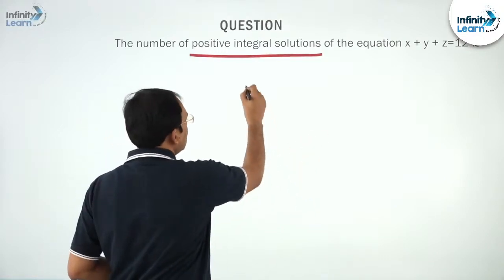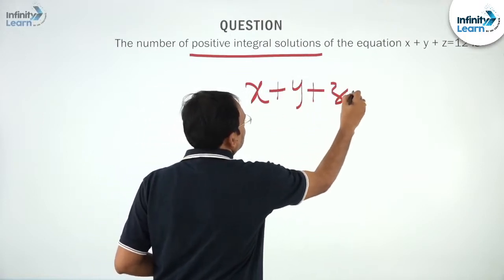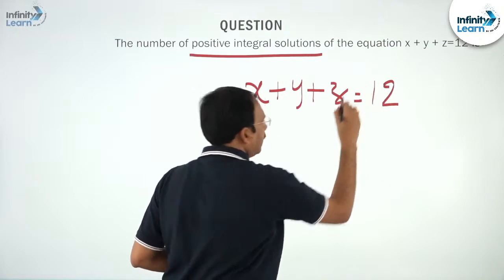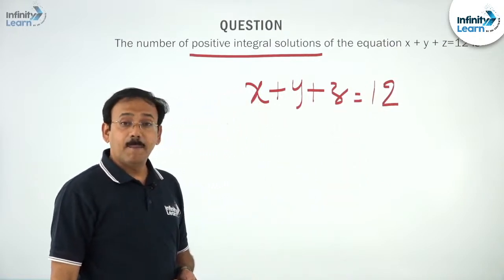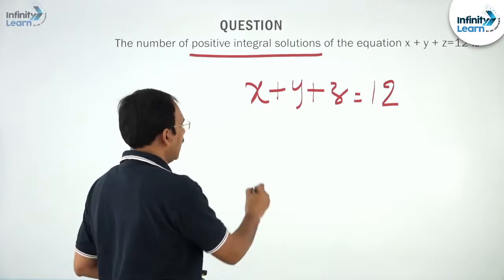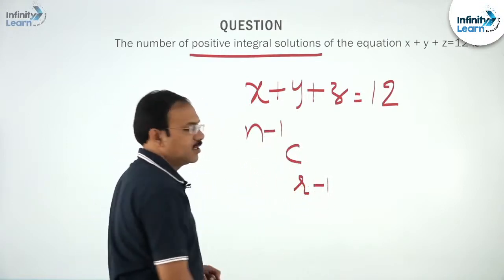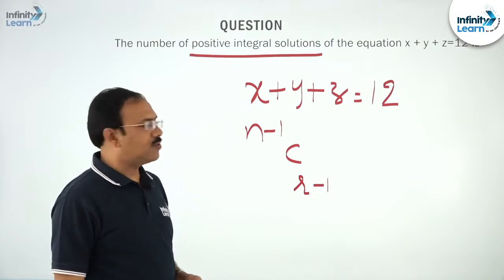The equation is also of the same kind, x plus y plus z is equal to 12. Positive integral solutions, in the sense, already we have a formula: n minus 1 C r minus 1. So, mechanically you can substitute in the formula.